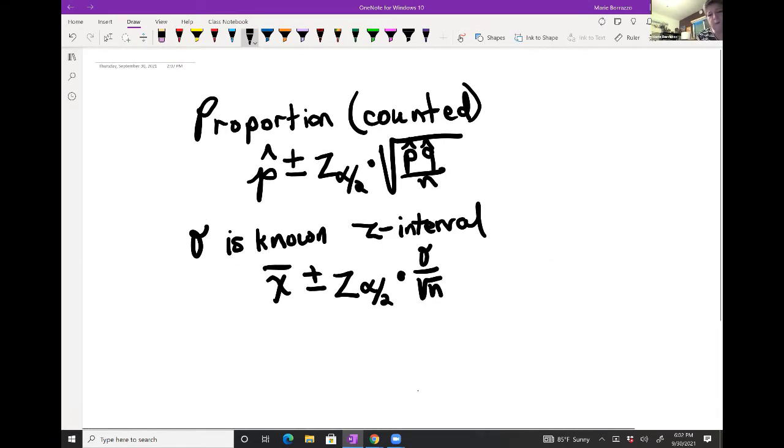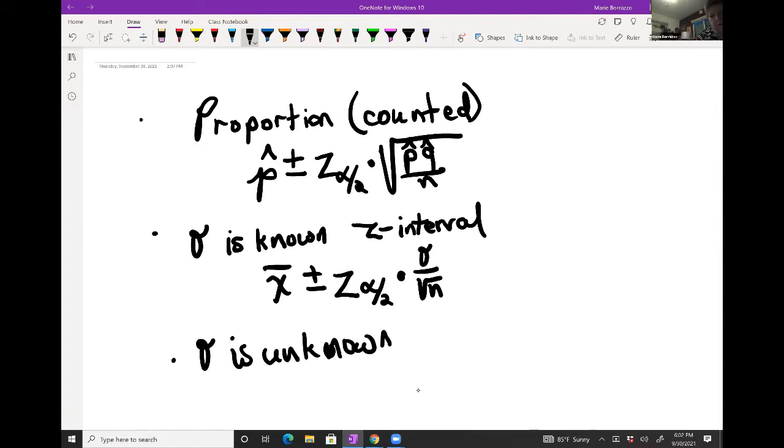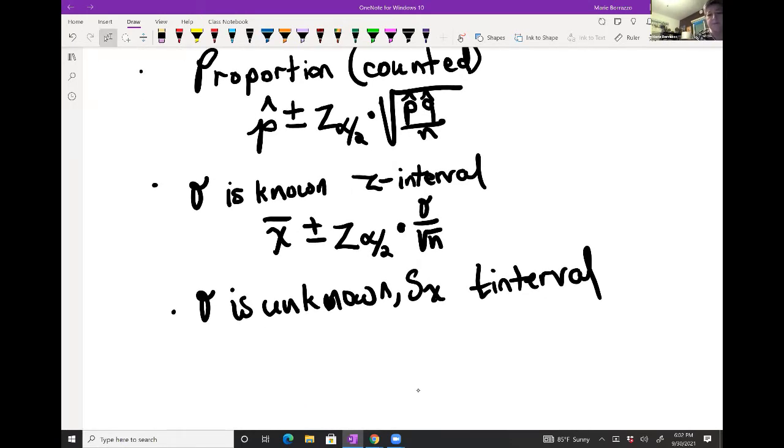The third type, which we're not going to actually talk about today, I think today we only do the first two types. The third type is when sigma is unknown. In this case, we're using S of x as our standard deviation, and we use what's called a t interval. And there's a key to this one that I want to make sure you hear me out, just in case you run into it before I actually go over this concept.